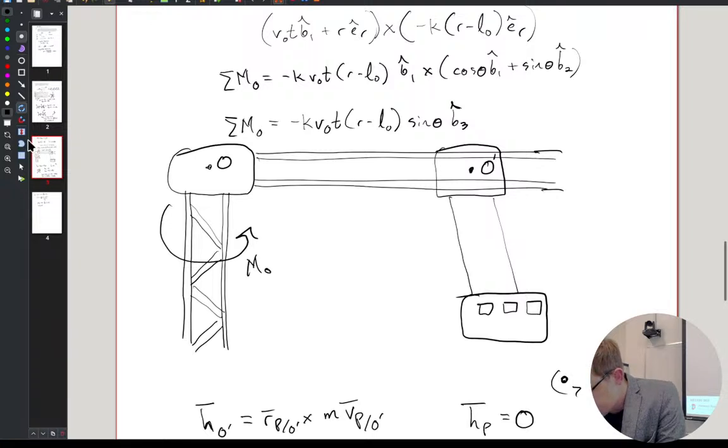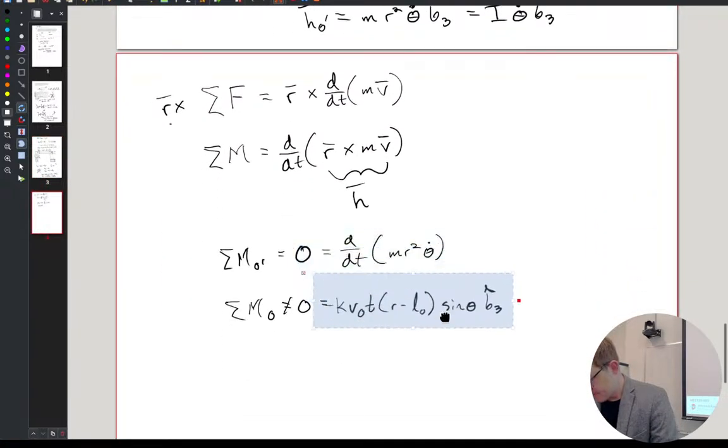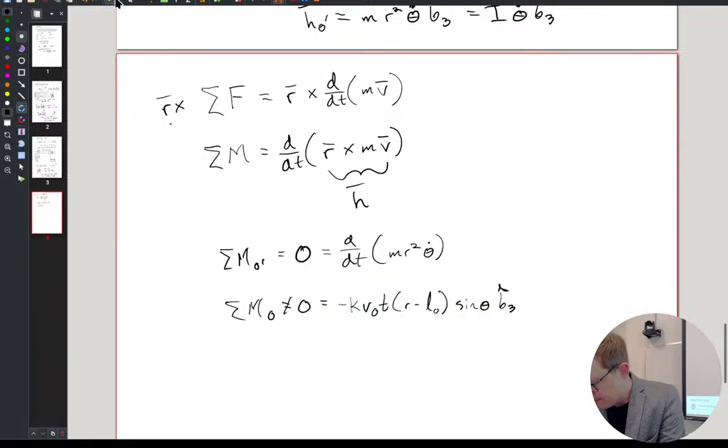Negative kV. So just trying to write out, look, our moment is a function of time, so there's going to be some change in that angular momentum there. And we're done.